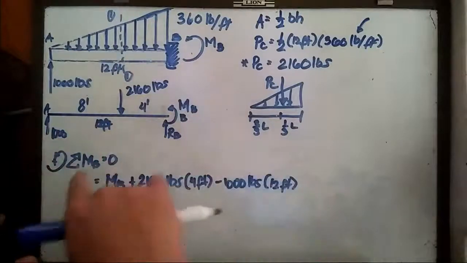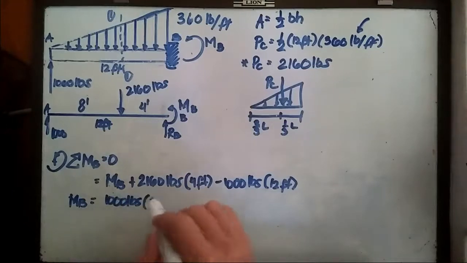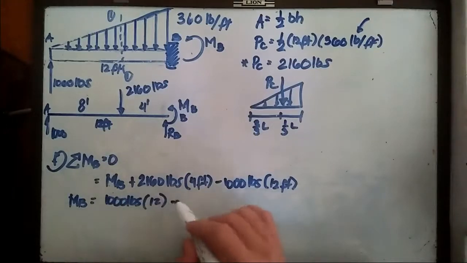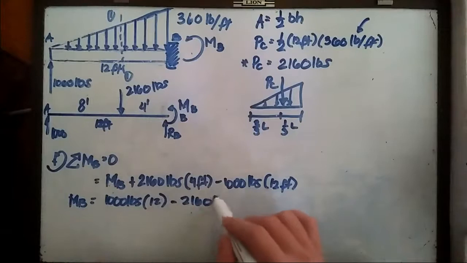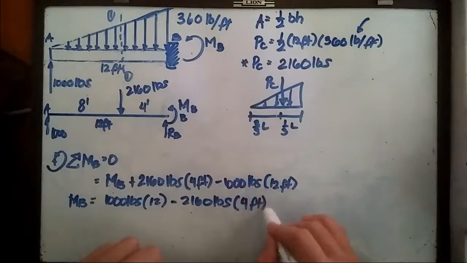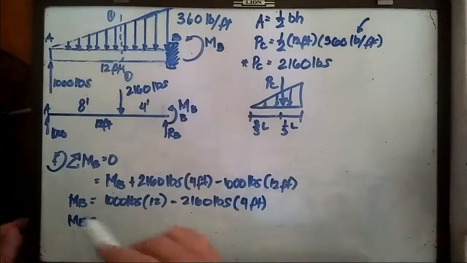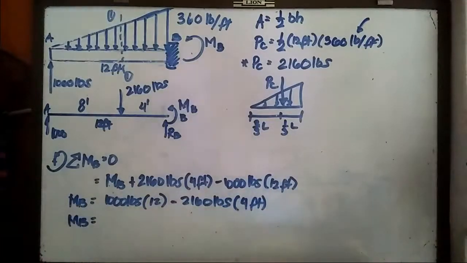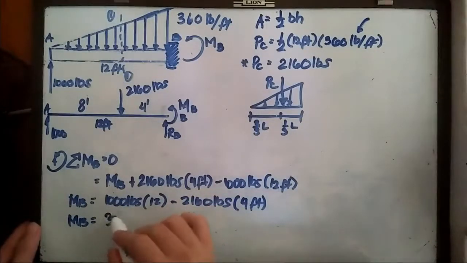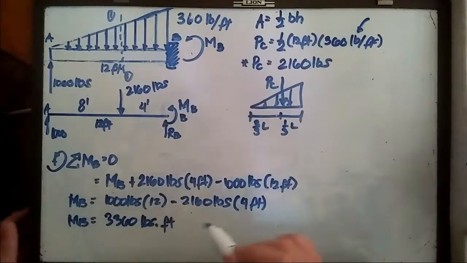Solving for M sub B, transposing everything to the other side and rearranging, that should be 1,000 pounds multiplied by 12 minus 2,160 pounds multiplied by the perpendicular distance of 4 feet. Don't forget the feet here. So M sub B is approximately 3,360 pound-foot.